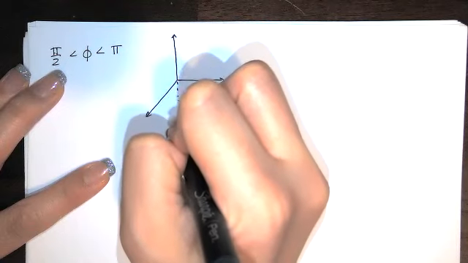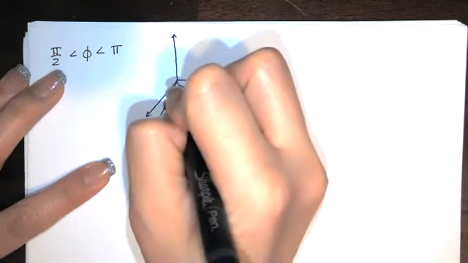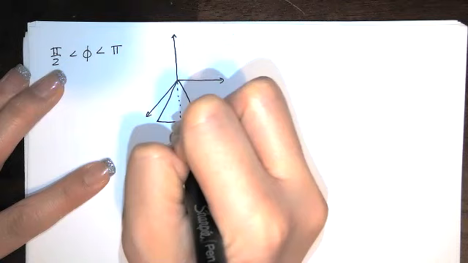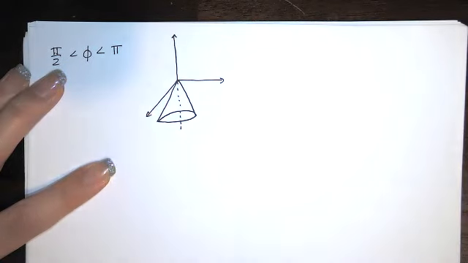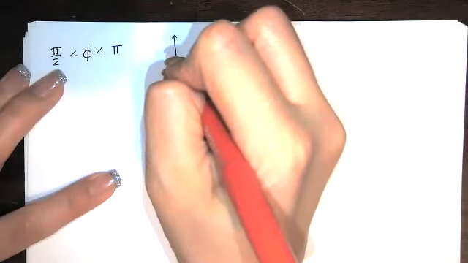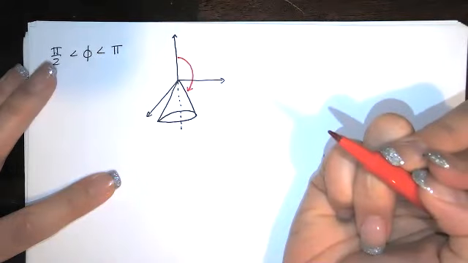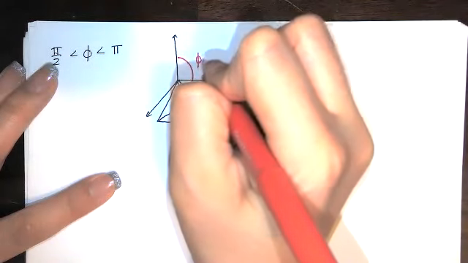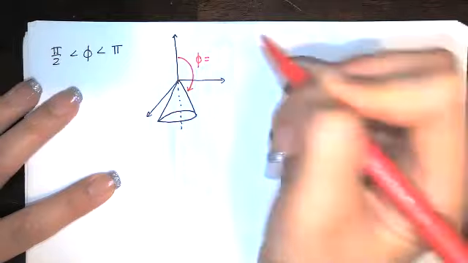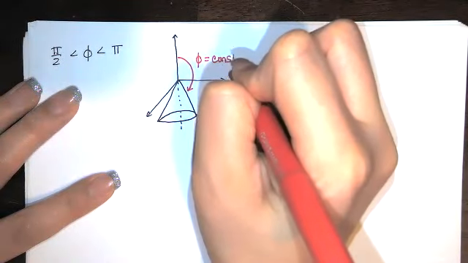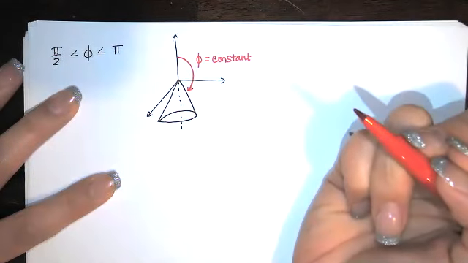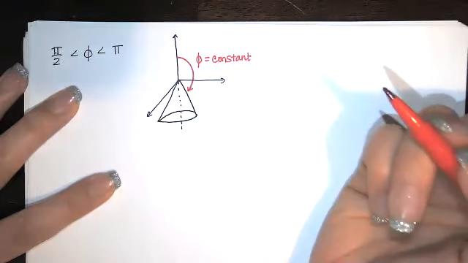We get a cone facing down, the lower nap of that cone. Normally we have a double napped cone; this is just the bottom half.